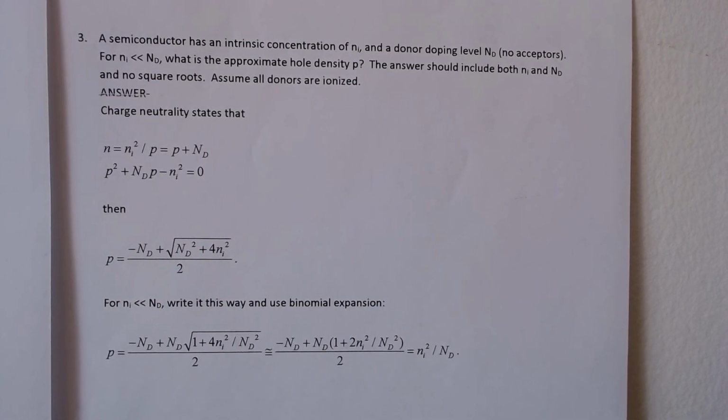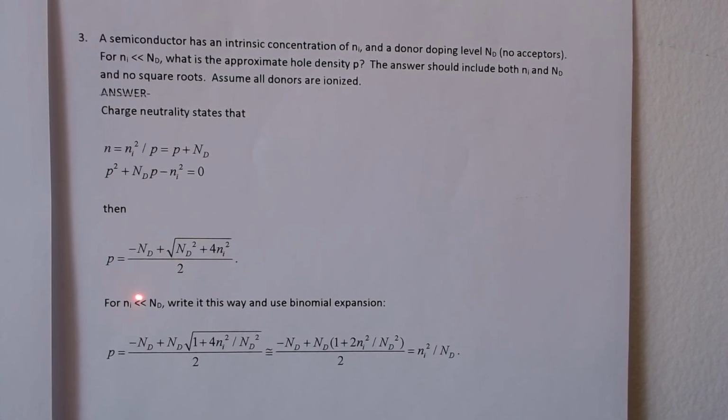Now, that's an answer. It's the right answer, and you of course got credit if you got to this point here. Then I wanted you to give me the approximate hole density, which was using the binomial approximation.